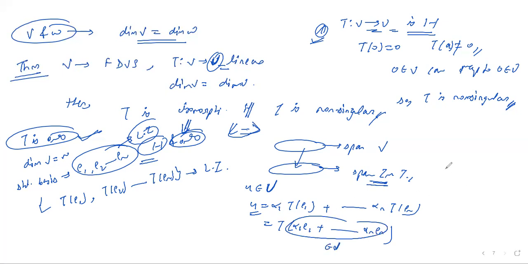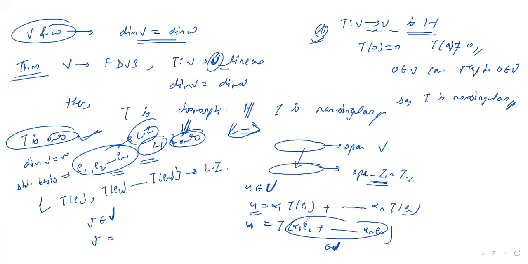So from this we can see that every vector in U has a pre-image in V, because these are the corresponding basis vectors. If there is a vector v which belongs to my vector space V, then this vector v can be written as a linear combination of these basis vectors, and this is what we're doing here.